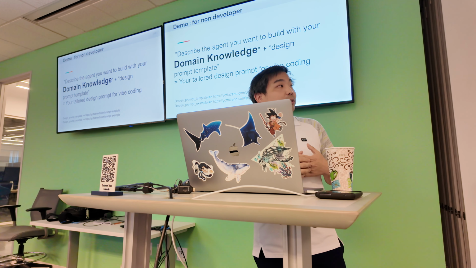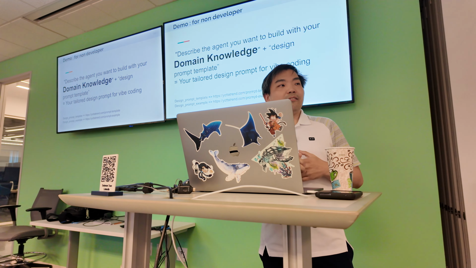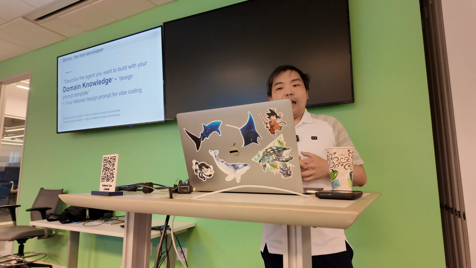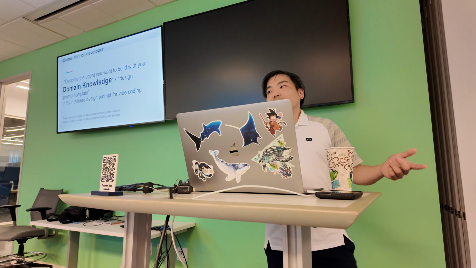I uploaded it to a Google Drive on a shared drive, so later on you can just download the template. The second is the design idea, which is your domain knowledge. What are the things you want to build? I'm going to ask AI to generate a full template for me to input to create an app. So today, our goal is to finish everything within 5 tries.